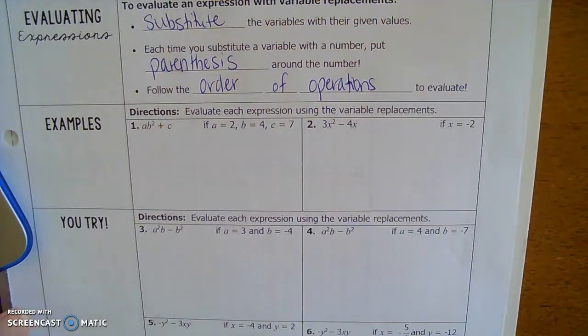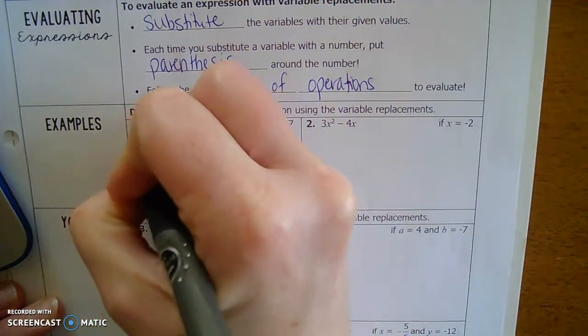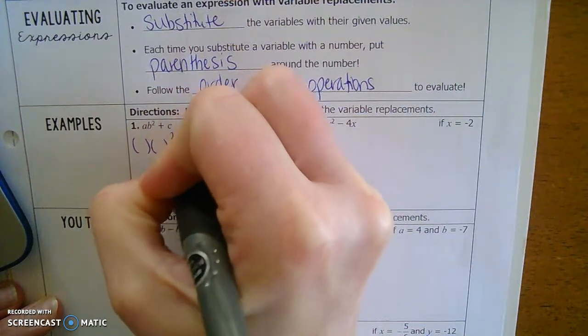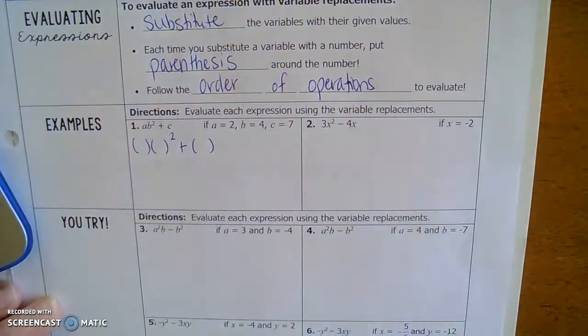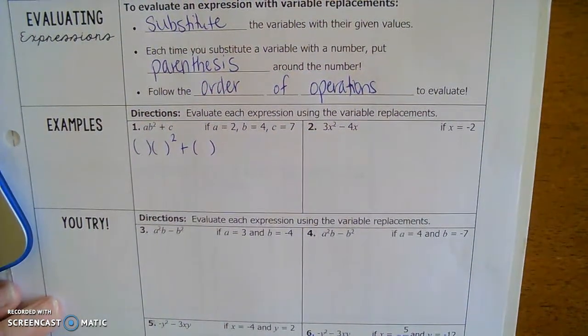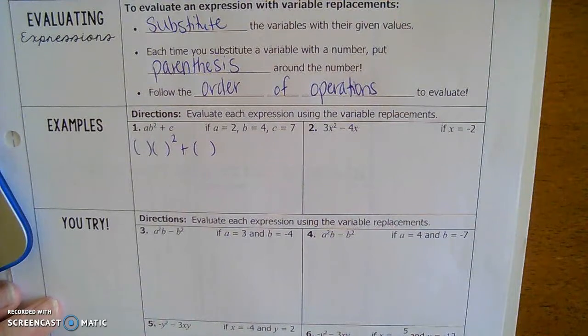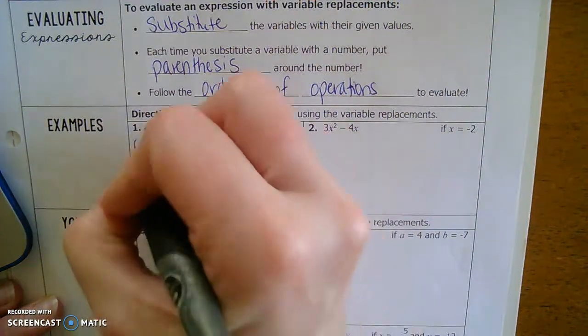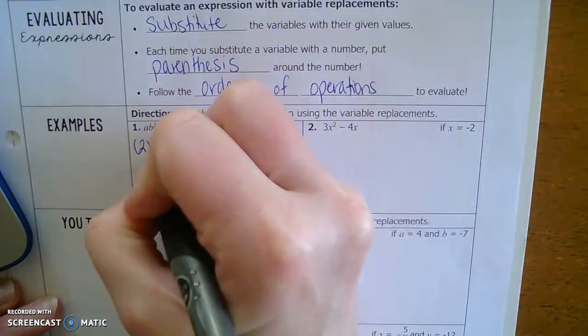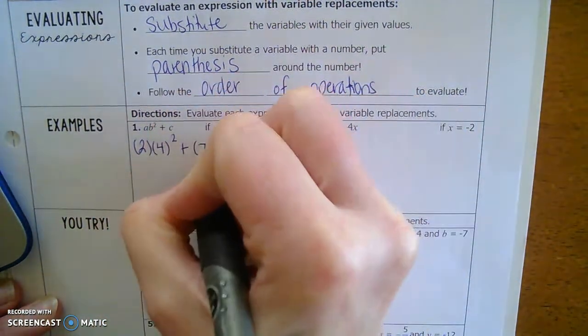So some people will even take the time to simply put parentheses everywhere that the variables are. So that's one way to do it, is to not put any numbers in, just replace all of the letters with parentheses. Then go through and put the numbers in. So A is 2, B is 4, and C is 7.